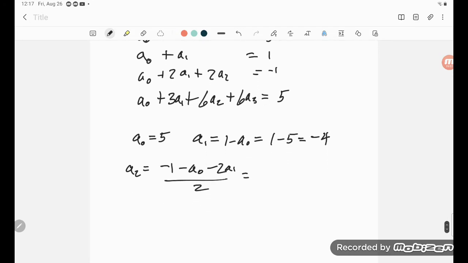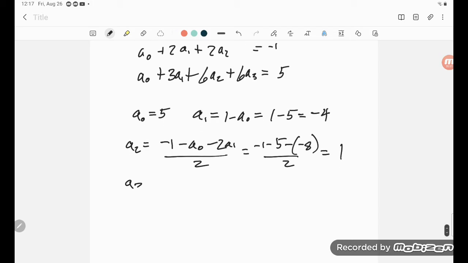And so that is -1 minus 5 minus -8, all divided by 2. So what the heck is that? -6 plus 8 is 2. I guess I get 1.